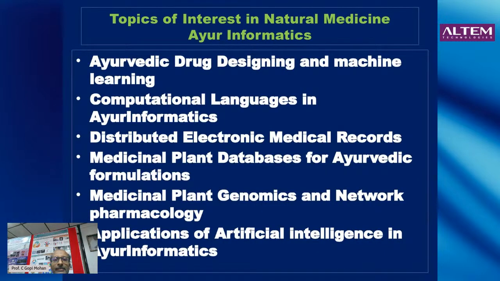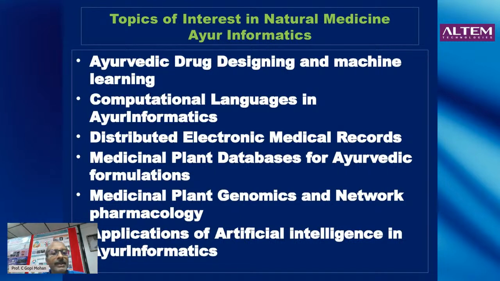So there are various natural products, and there are different things which one can perform. The topics of interest can be like Ayurvedic derived natural product designing, or one can use machine learning also, which I am not going into details. And there are large language models like LLM, which are also nowadays very popular.